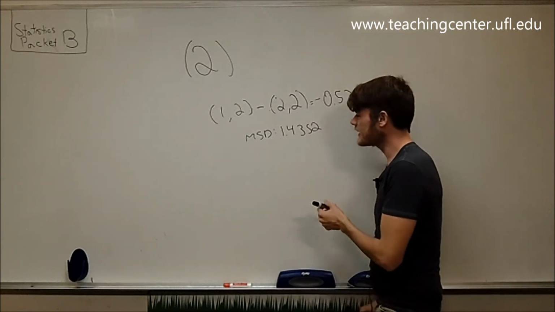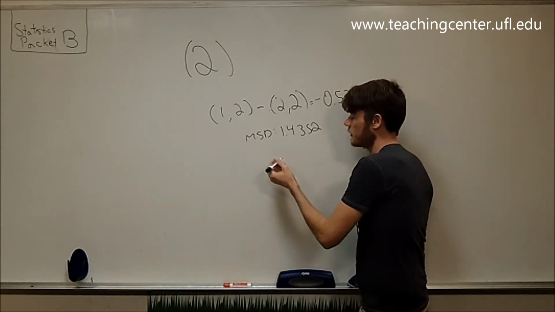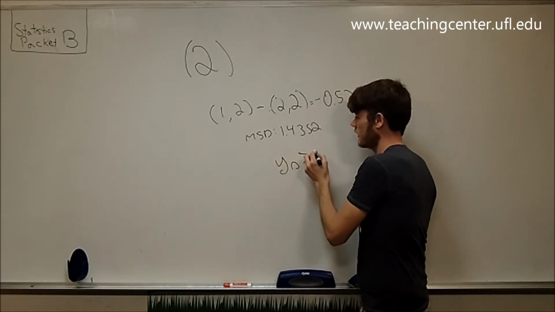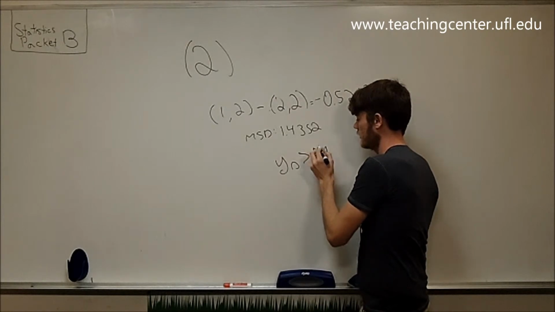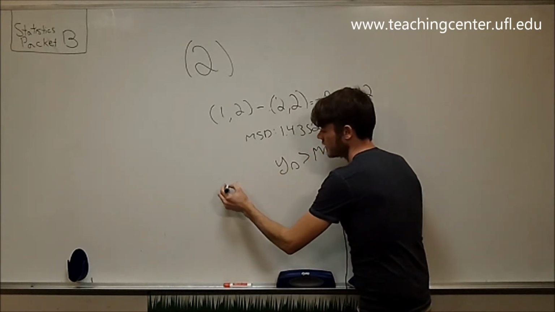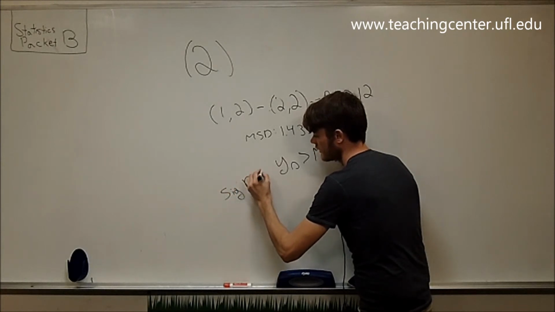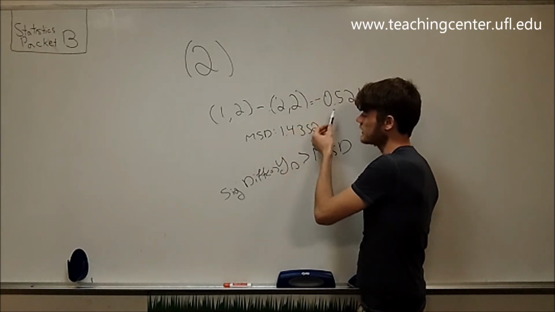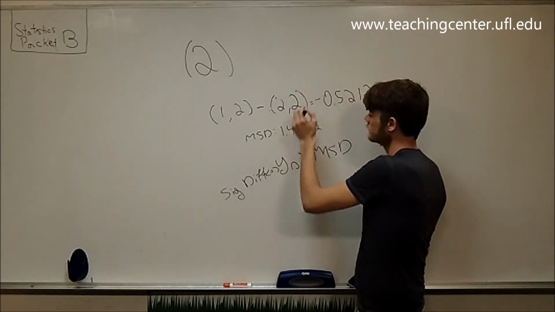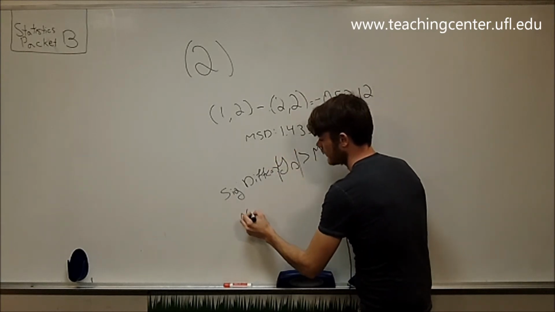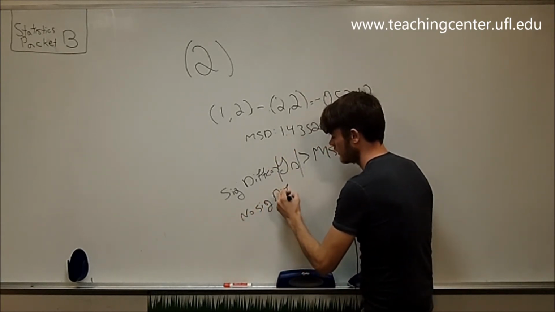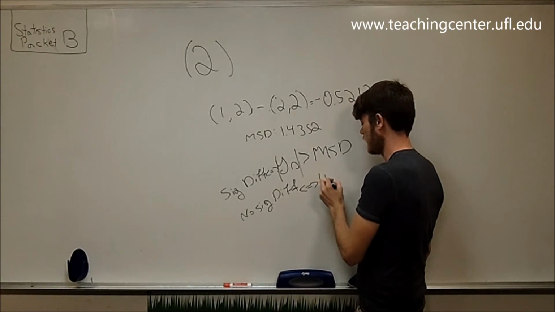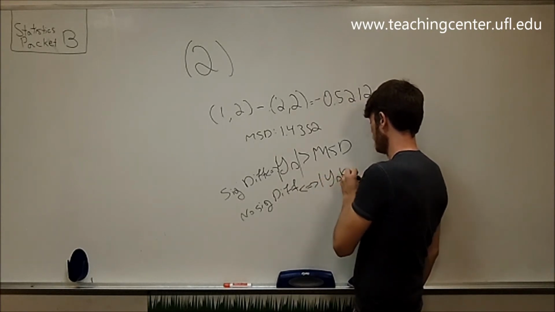And the easy way to do that, and remember this, is to see if y bar d is greater than MSD in absolute value. If this is true, you have a significant difference, and it's only not significant if y bar d is less than MSD.